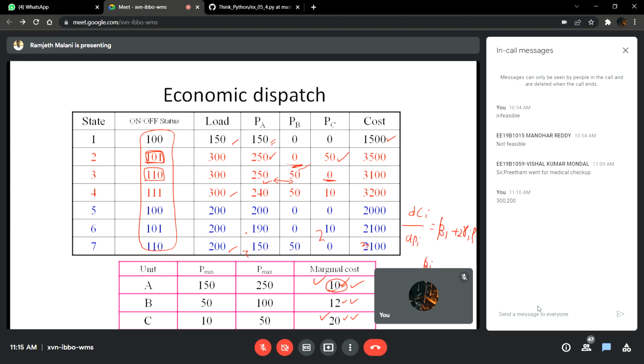It's the low cost unit, so 250 you take from that. The rest you take from unit B. Unit A is 250, unit B is 50. If you calculate the cost, it will be 3,100: 250 multiplied by 10 plus 50 multiplied by 12. 12 is the marginal cost.